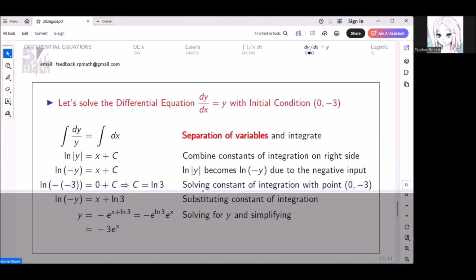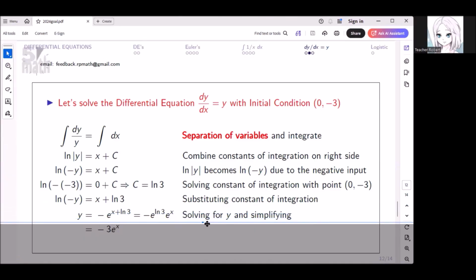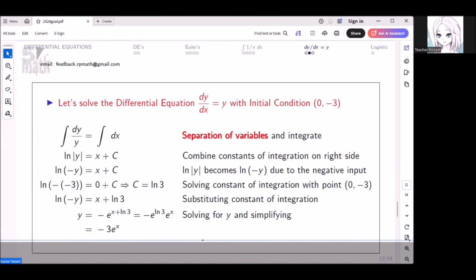Solving constant of integration with point 0, negative 3. Substituting constant of integration. Solving for y and simplifying. And we get y equals negative 3e to the x.